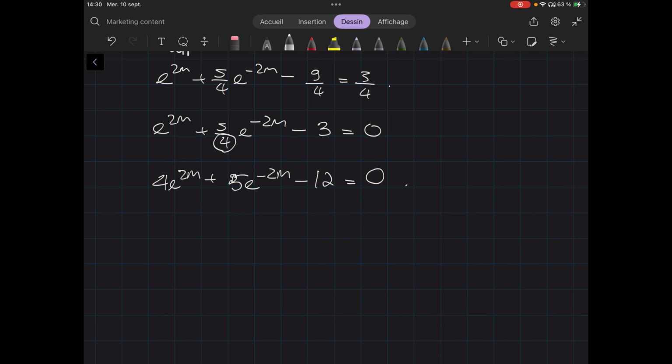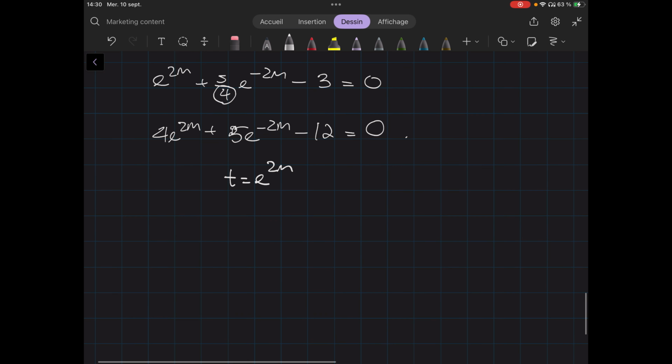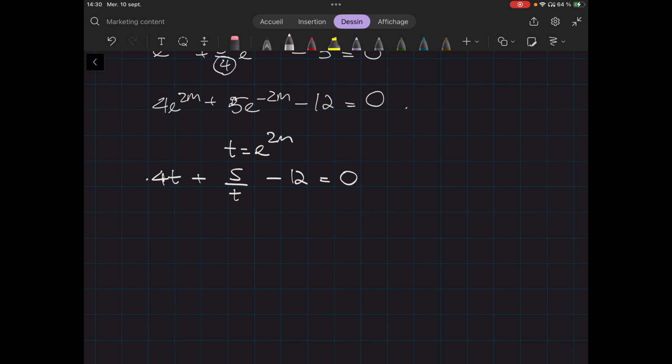Notice that this is a quadratic equation in disguise. If it is not clear, you can use a substitution. Let's say t equals 2e to 2m. Your equation becomes 4t plus 5 divided by t minus 12 is equal to 0.